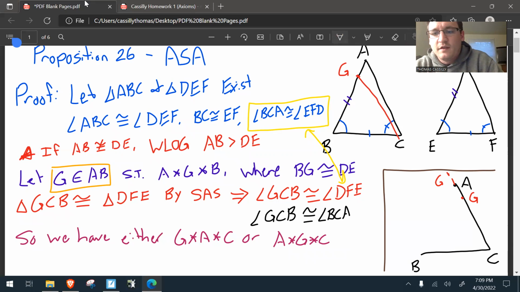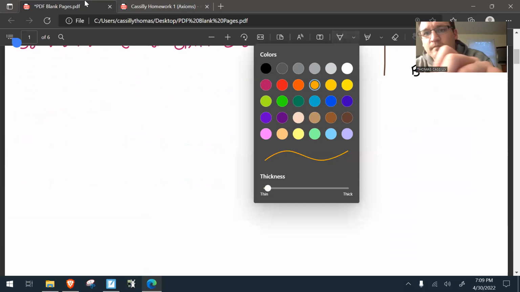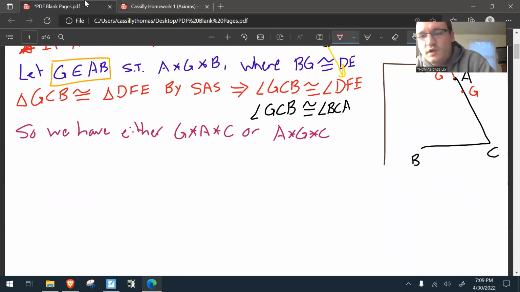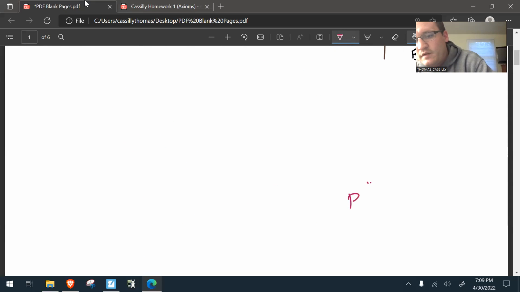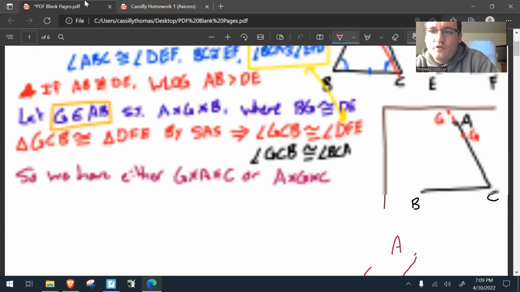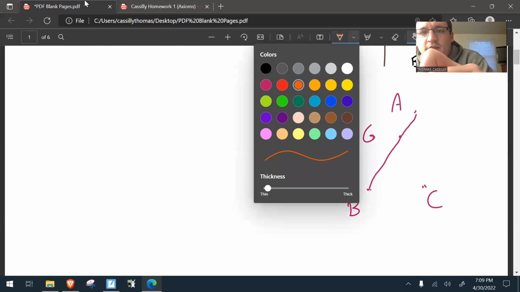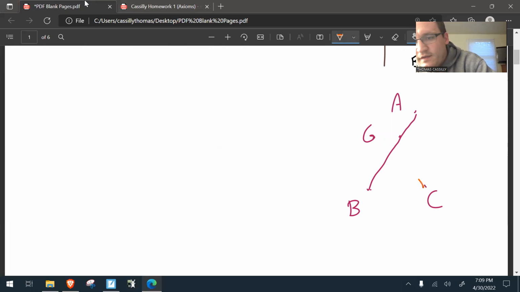Let's go ahead and just draw a picture of that. So we had, let's go back up here for a second, BGA. So this is B, G, A. This is by construction. And what we just showed is that we have point C right here, and there is another line that does something like this.